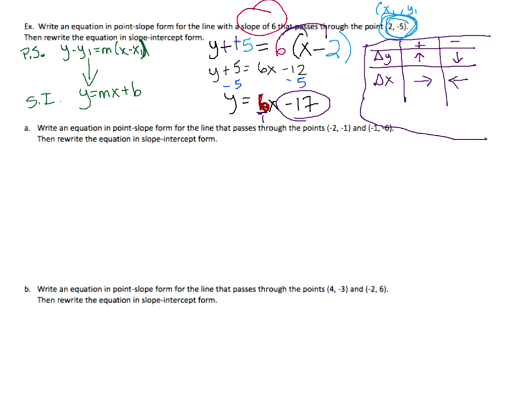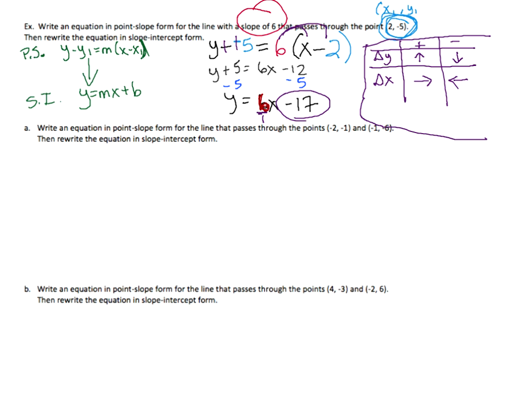All right, so next example, write the equation in point-slope form that passes through the 2 points, negative 2, negative 1, and negative 1, negative 6, and then write it in slope-intercept form. So I'm still going from point-slope to slope-intercept. However, I'm not given 1 point and the slope. I'm given 2 points.